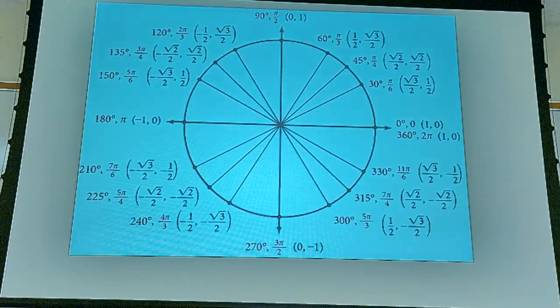So 1 pi over 6, and 1 pi over 6. All Students Take Calculus, cosine, yeah. 2 pi over 3 and 4 pi over 3.